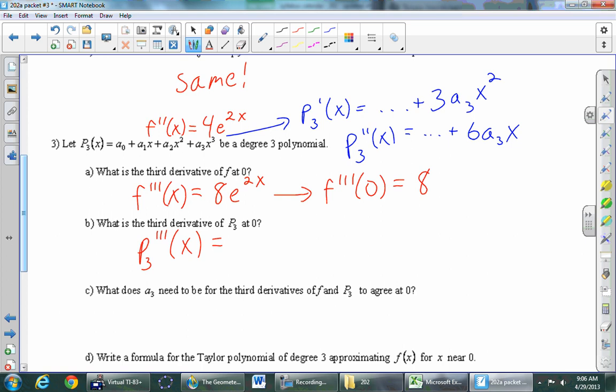And then finally the third derivative, which one? 6a sub 3. That guy without the x. I'm going to plug 0 in because I plugged 0 into the f derivative, so I better plug 0 into the p derivative, but it's silly because there are no x's left over anyway. So what do we get when we plug 0 in? 6a sub 3.